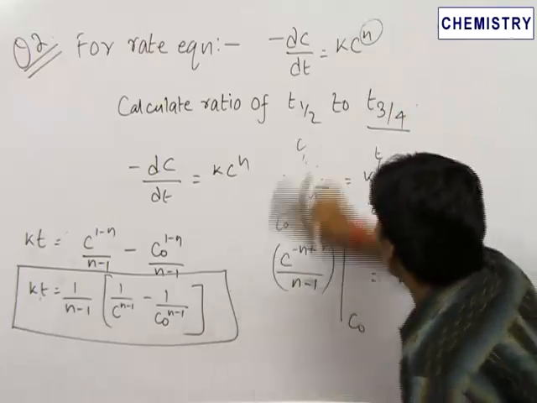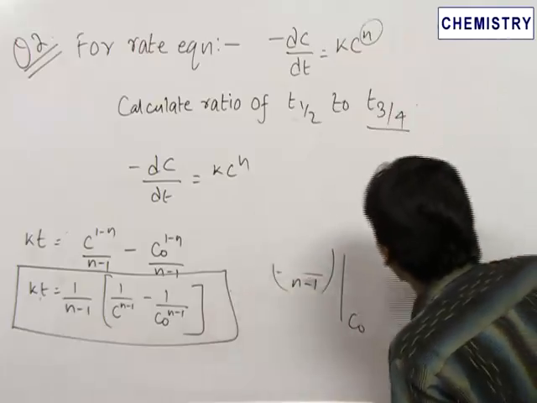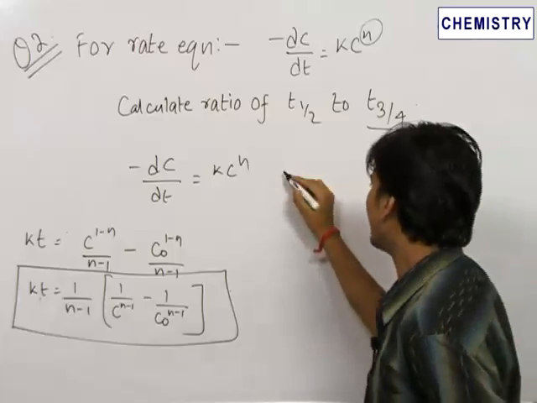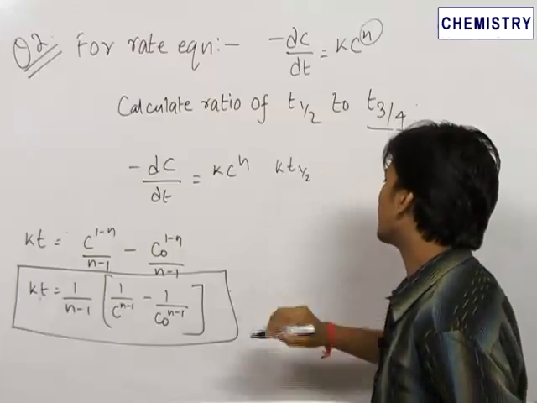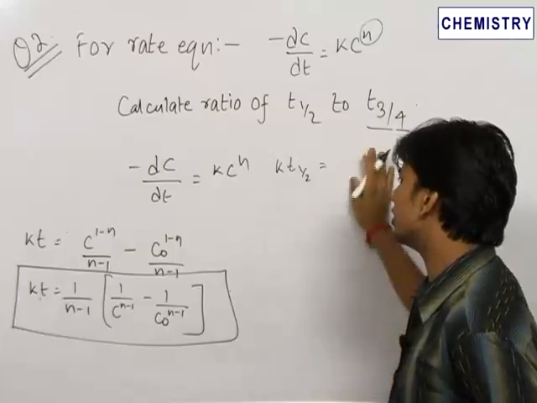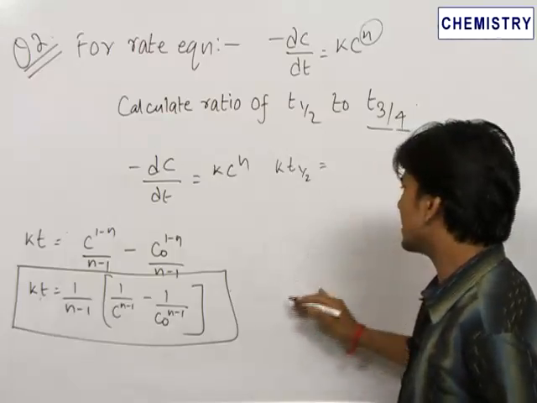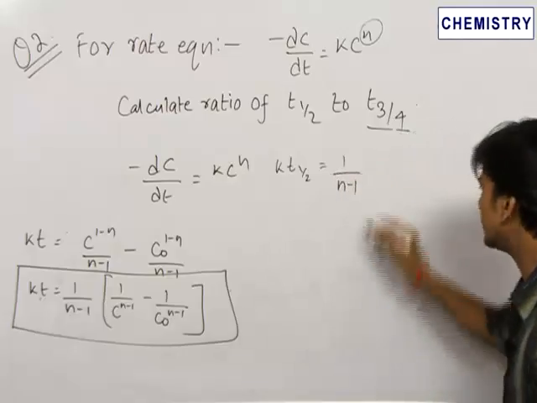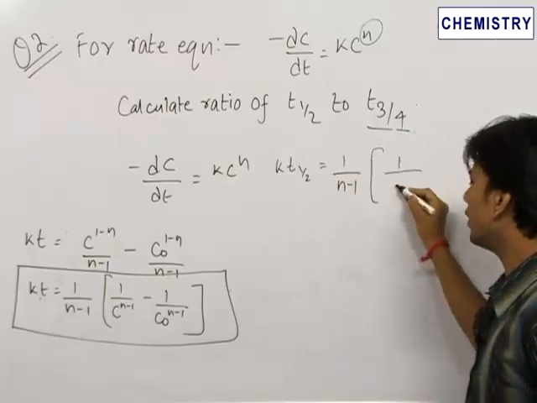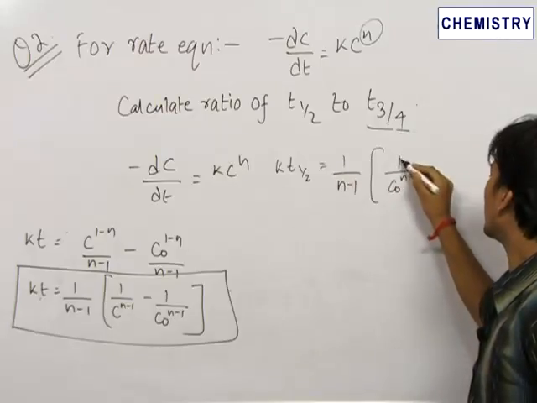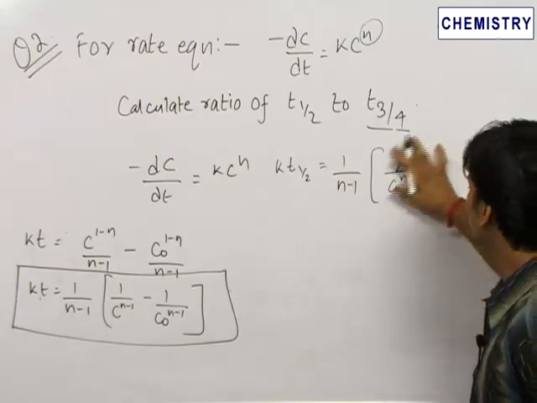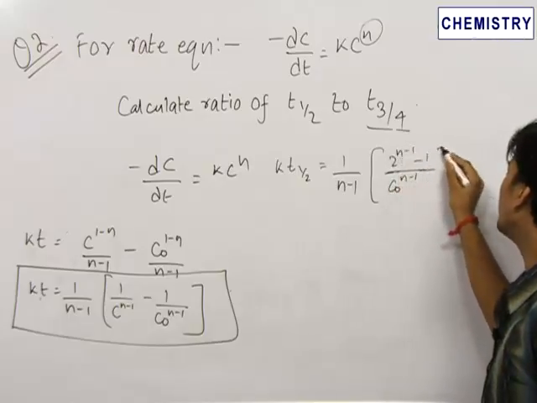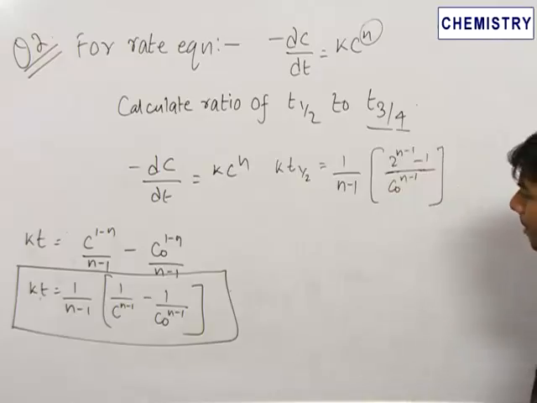So now using this, we will find out the general ratio of t half to t 3/4. Let us write t half first. k into t half, this will be the time in which the concentration reduces from C0 to C0 by 2. This will be equal to 1 upon n minus 1 for any nth order reaction, 1 upon C0 upon 2 raised to n minus 1, so 2 raised to n minus 1 goes to the numerator, minus 1 upon C0 raised to n minus 1.